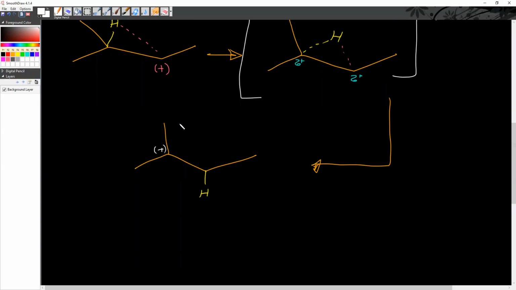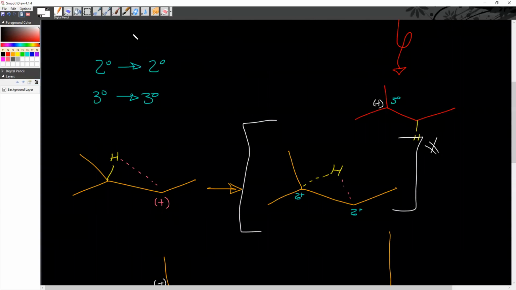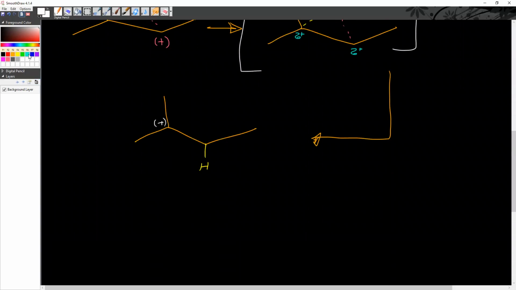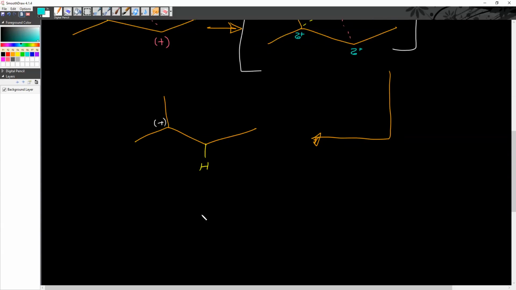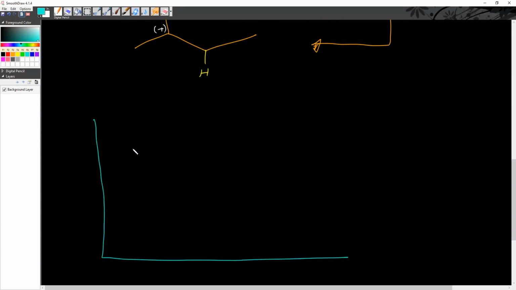What I want you to notice about why we can't go from secondary to secondary or tertiary to tertiary is that this intermediate is really unstable. We start with the secondary carbocation, we're getting to the tertiary carbocation, and in the middle is that intermediate. So we go up in energy before we come down in energy, and we have an activation energy.